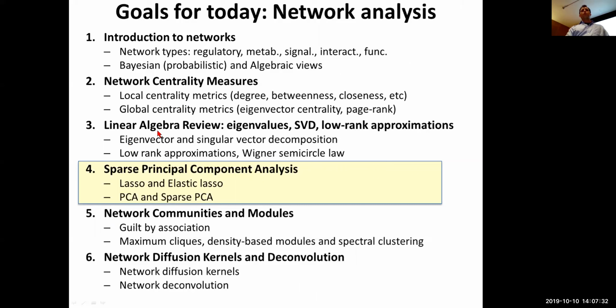So we figured out how to do eigenvector decomposition for square matrices and singular value decomposition for non-square matrices, and how to do a low rank approximation, which is simply cutting off the smallest eigenvectors, singular vectors, and also this funky Wigner semicircle law that allows you to select how many eigenvalues you should keep.